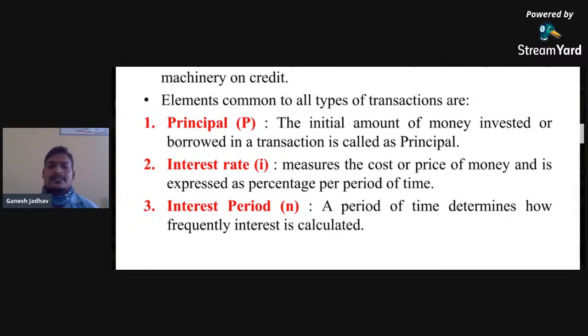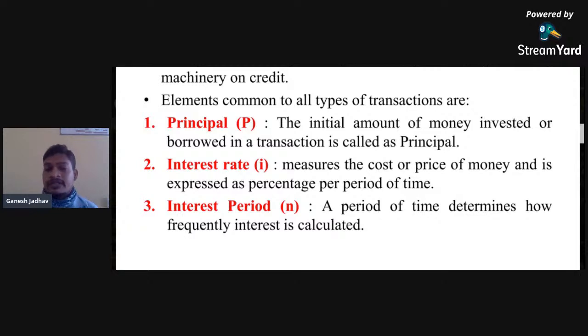So if you take 100 rupees as the principal and the interest rate is 2%, that is 2 rupees on 100, for this particular period, for a 1 month period, or a 2 month period, or a 6 month period. So this is the interest rate. Interest rate means some value.